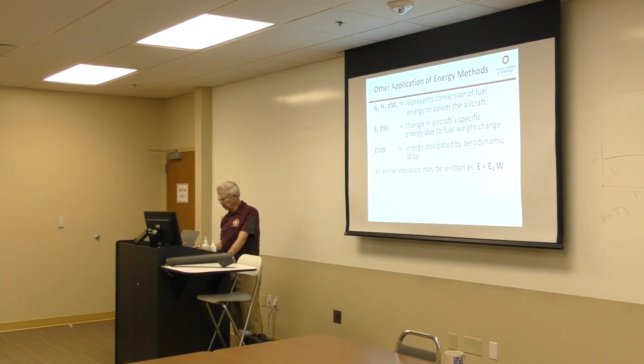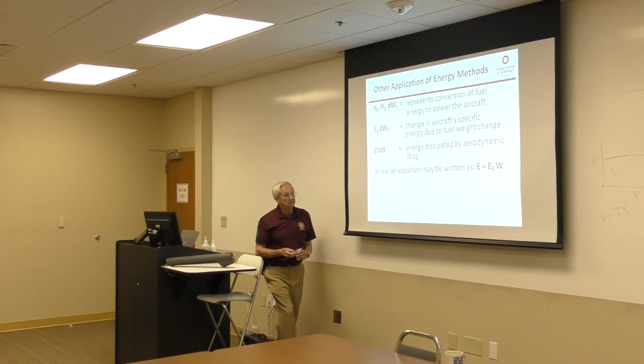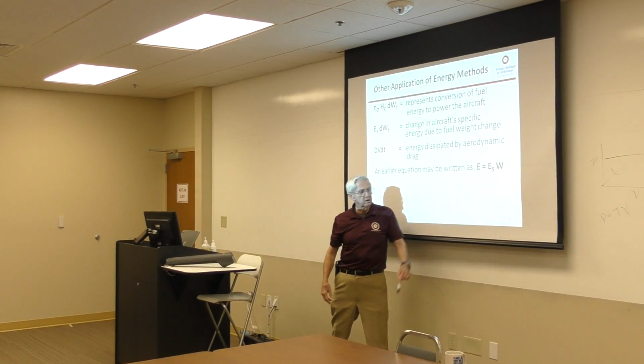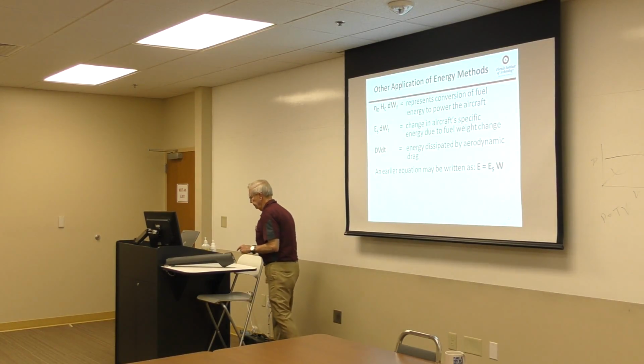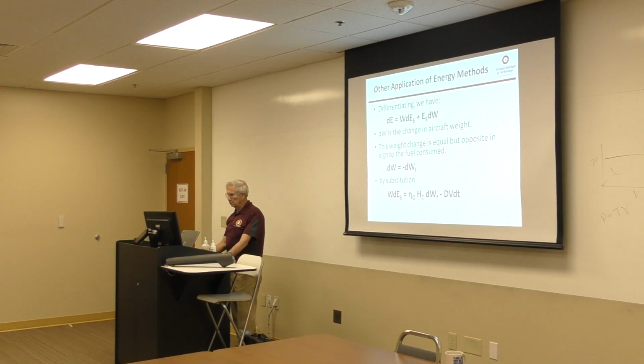If we differentiate our simple energy term here, it looks something like that, top one. And of course, the change in weight is the fuel flow, how many pounds per hour.